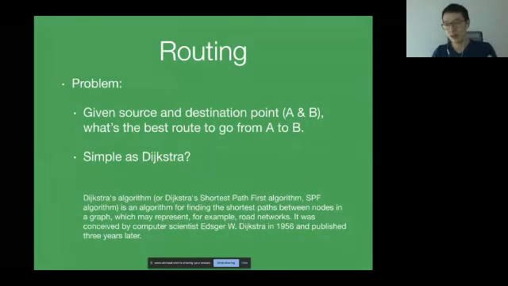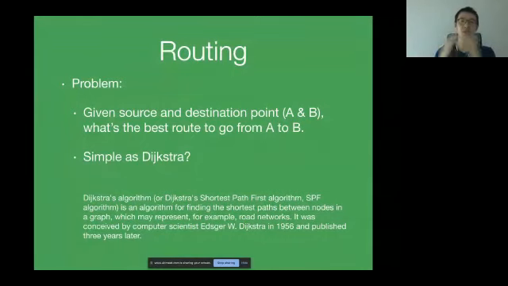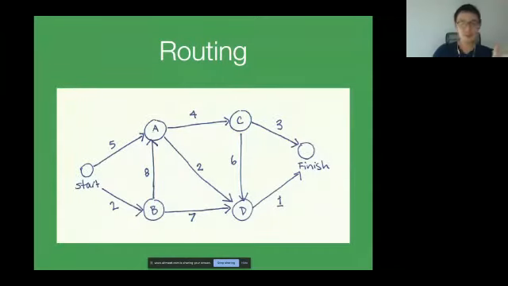I will assume you may have learned Dijkstra's algorithm, which is a very simple shortest path discovery algorithm. If you are familiar with BFS, it's more or less similar. We have a very classic algorithm invented 50 or 60 years ago. Can we just simply apply that?